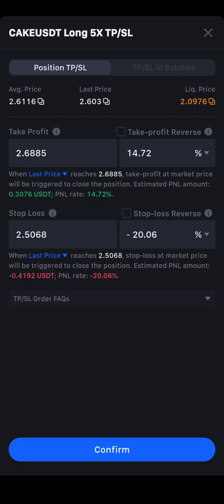Now, if you want to take profit one and take profit two, that's when you come to this side. Okay, I think this is not going to work right now because I have set this particular trade. That's why. If not, you come to this side. When you come to this side, you can be able to do 50% of your bag. Like when you put your take profit, it will give you the percentage meter.